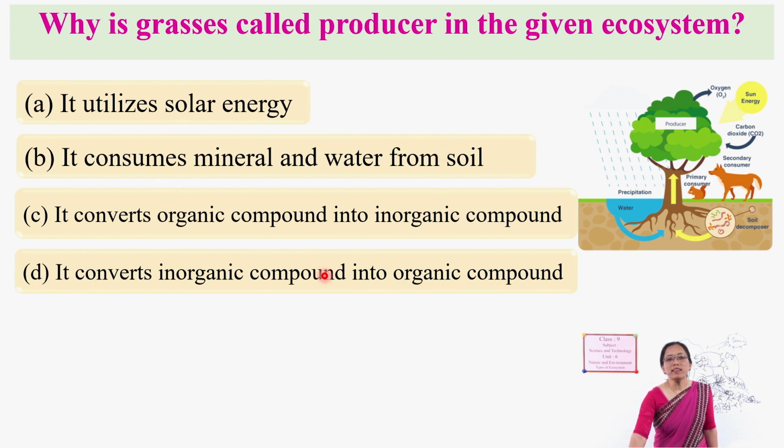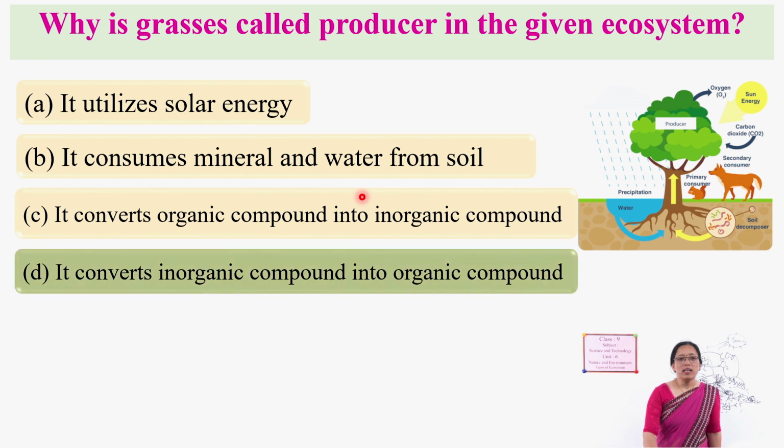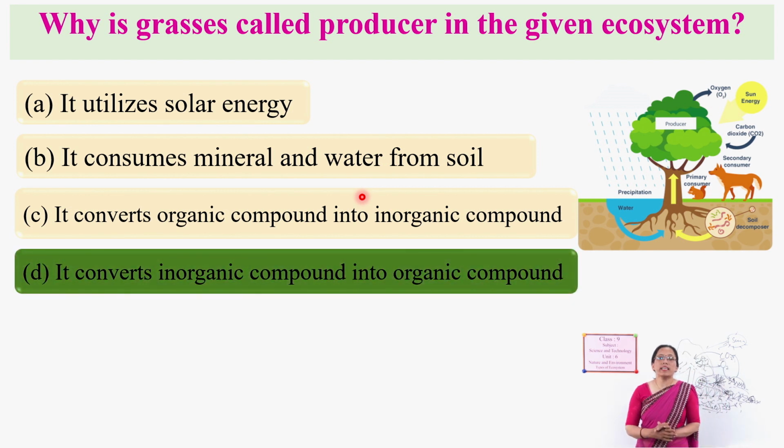So which one is the correct answer over here? Can you say? Yes, it converts inorganic compounds into organic compounds. That is, the inorganic compounds I said, carbon dioxide and water, are converted into glucose during photosynthesis. That glucose is the organic compound. So these are called producers.